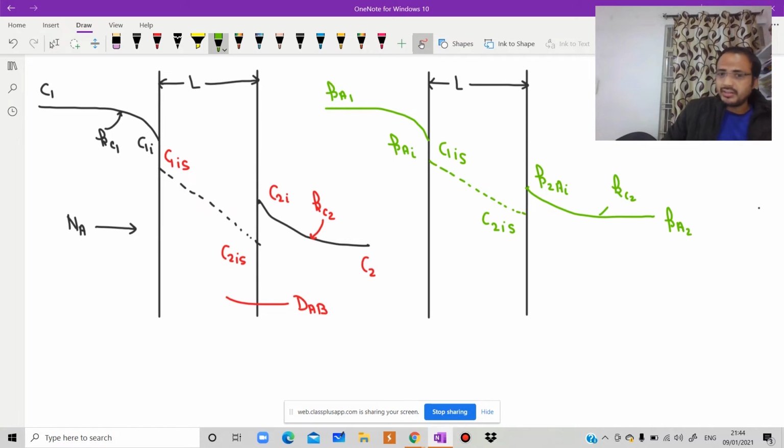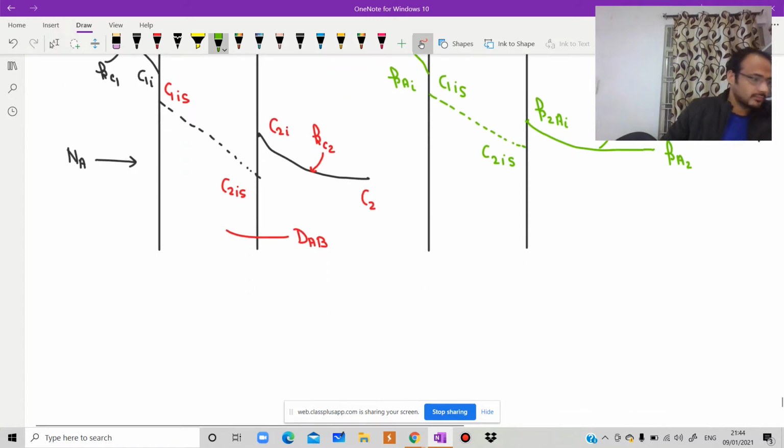Pressure is used here, not concentration, for the gas. So in this case, liquid-liquid, liquid-solid-liquid, gas-solid-liquid, or gas-solid-gas, here also diffusion takes place. Flux NA. The diffusivity is DAB.